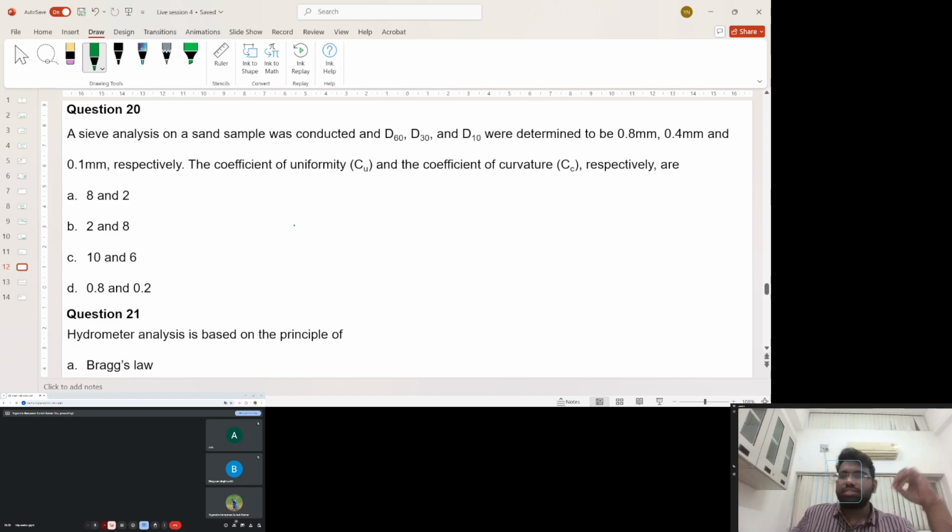A sieve analysis on a sand sample was conducted, and D60, D30 and D10 were determined to be 0.8 mm, 0.4 mm and 0.1 mm respectively. The coefficient of uniformity and coefficient of curvature respectively are?